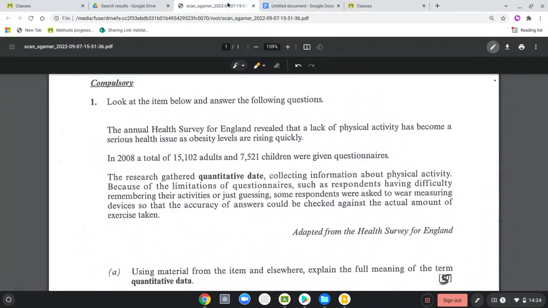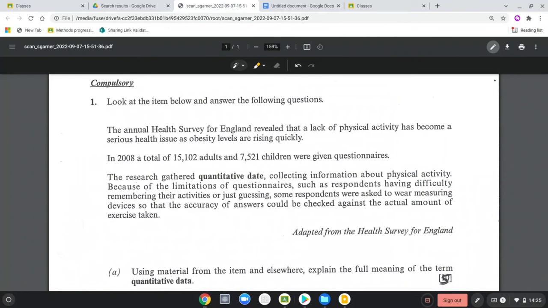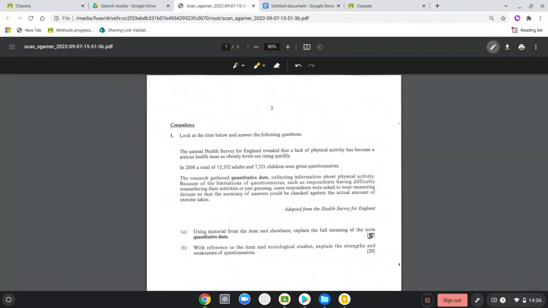Right, so in the item, it says that the annual health survey for England revealed that there's a lack of physical activity has become a serious health issue on obesity levels arising.